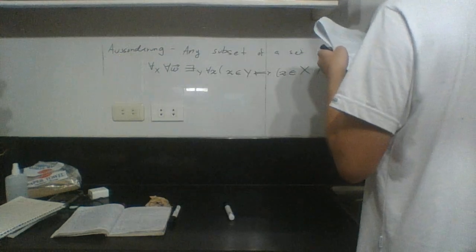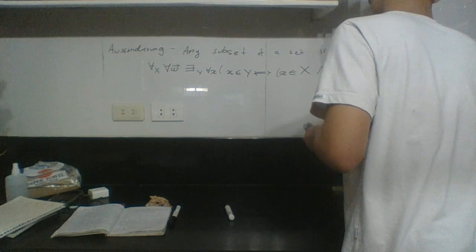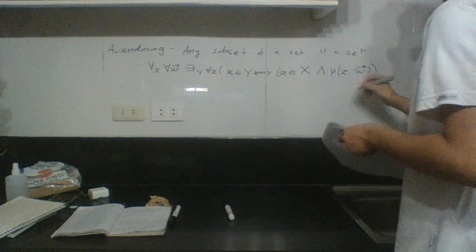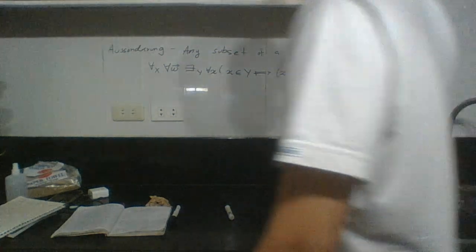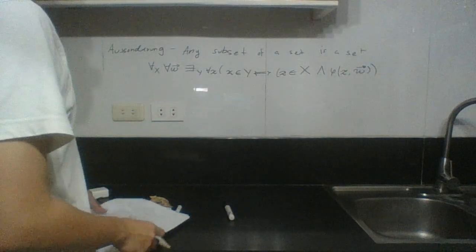I'll use var phi because that just looks like the null set. Phi of Z and W, or vector W, satisfies this formula. So phi here is a formula.